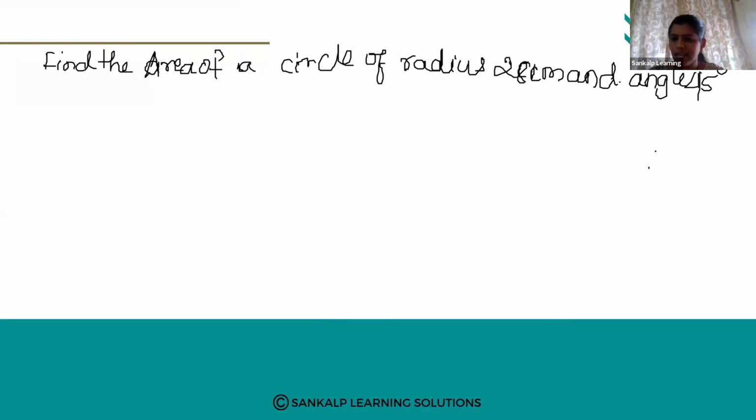That means, see here, one circle is there and one sector is there. So OAB, this part, is a sector. So here the angle will form, that is 45 degree, and the radius is 28 centimeter.